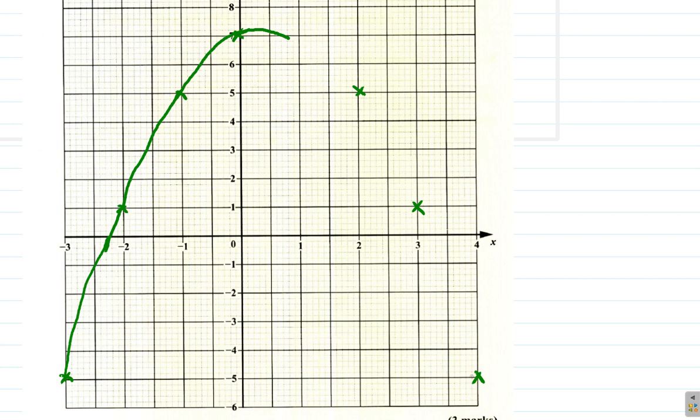Let me see what might happen at this point here. My curve isn't really so smooth, but you get the idea. I think probably this would go up a bit more before coming back down.